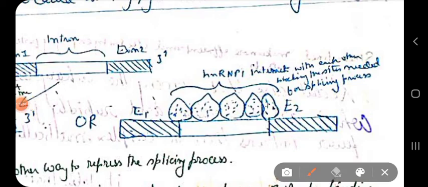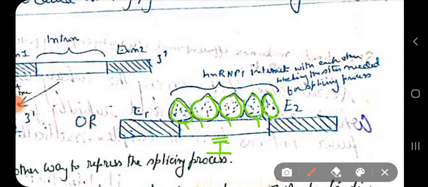Okay, let us imagine in case of introns here. You can observe the function. The diagram is just opposite of what it has been written. Suppose it's the intron where the HNRNP1 binds one by one in a cooperative manner to the sites called intronic splicing silencer.